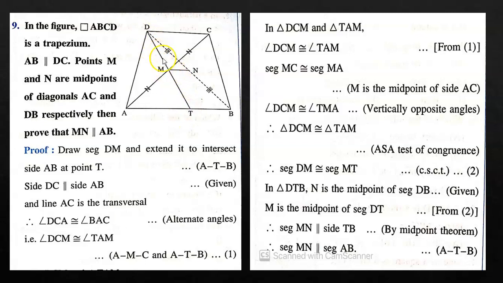So M is midpoint of this segment and N is midpoint of this segment. So by midpoint theorem, MN is parallel to TB, and TB means AB, because we have A-T-B collinear. So MN is parallel to AB. Hence proved.